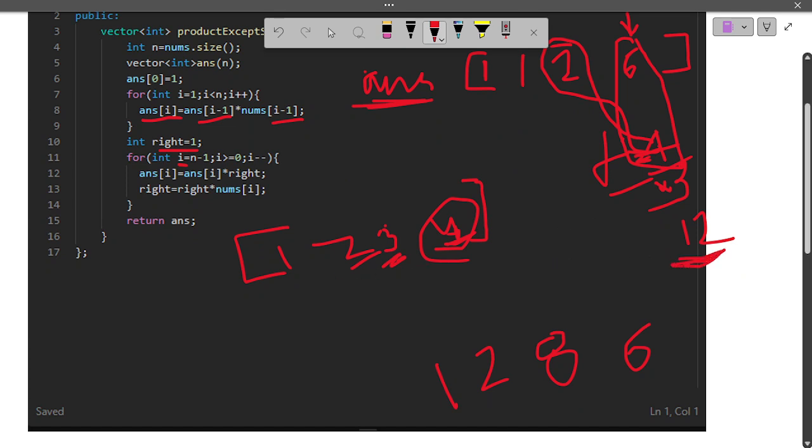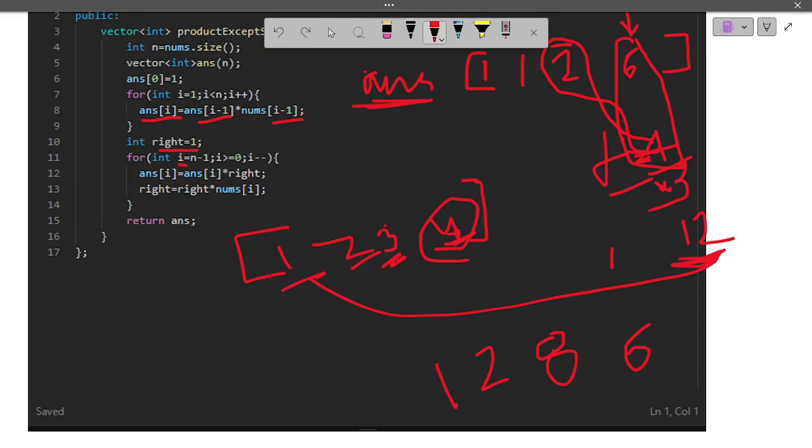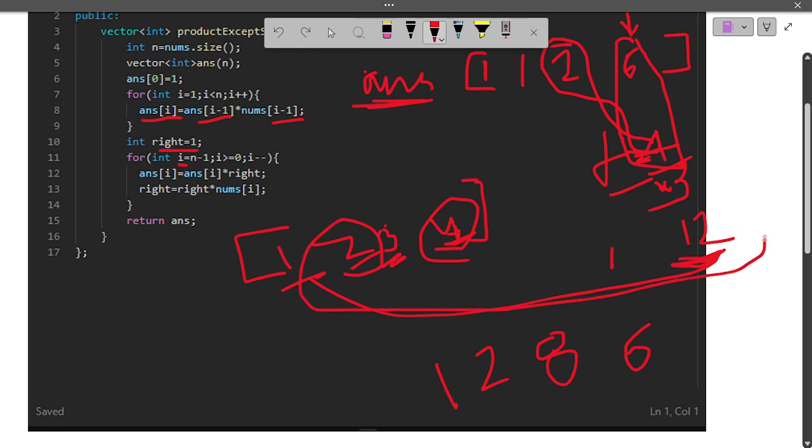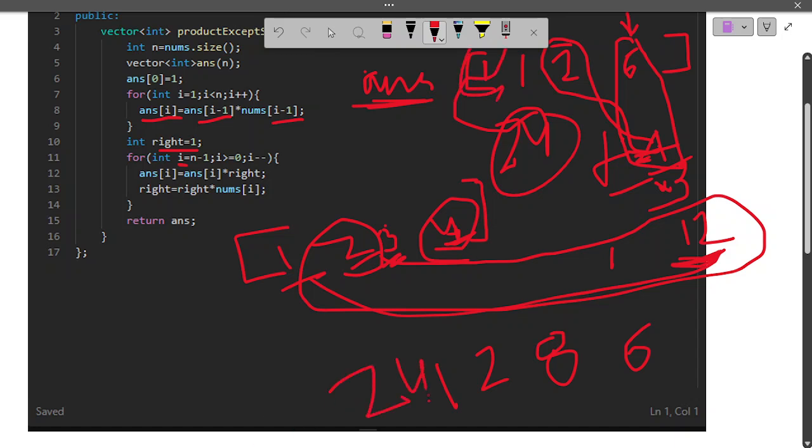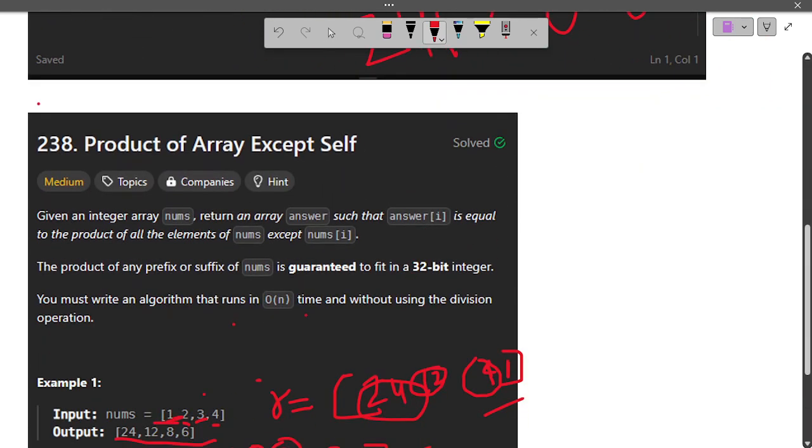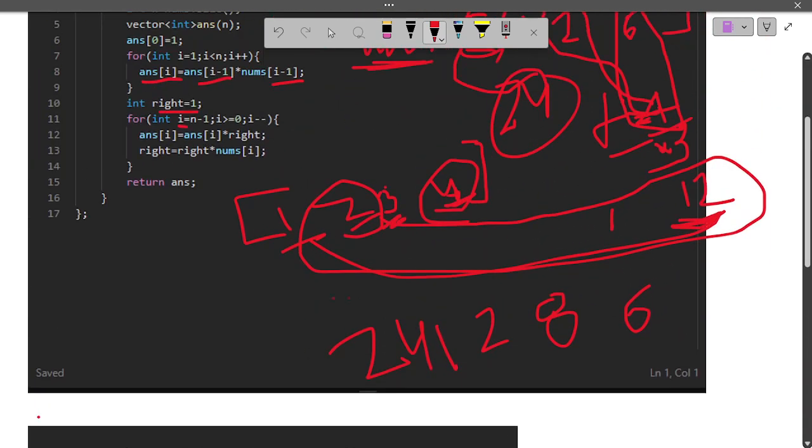No, my mistake, here nums of i is 2, because it's the third time going to iterate. So it becomes 24. After that we multiply 24 into this one, so it becomes 24. And our output is 24, 12, 8, 6. So we get the desired answer here, and in the end we return this updated answer.